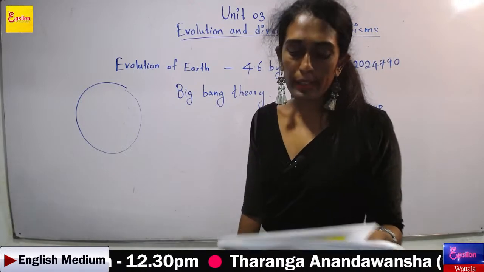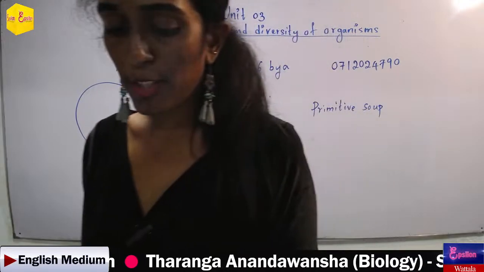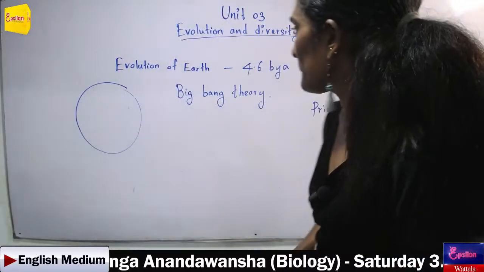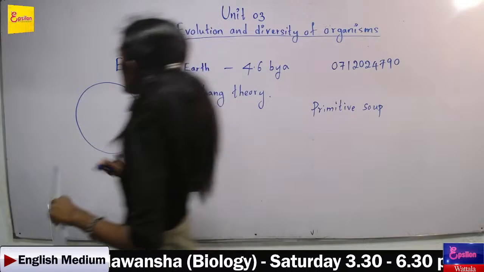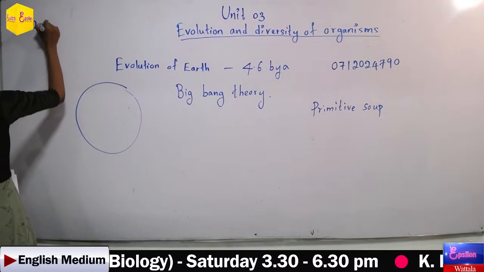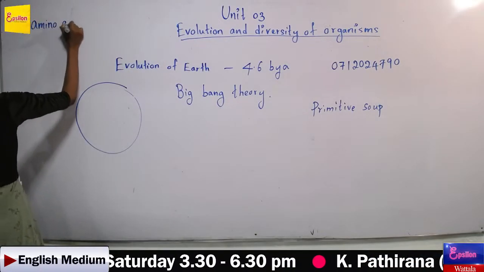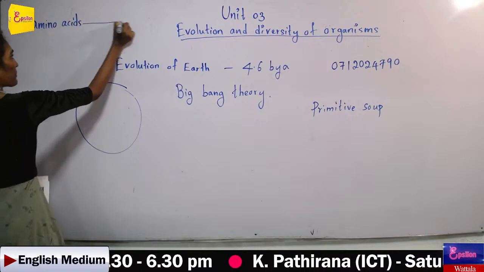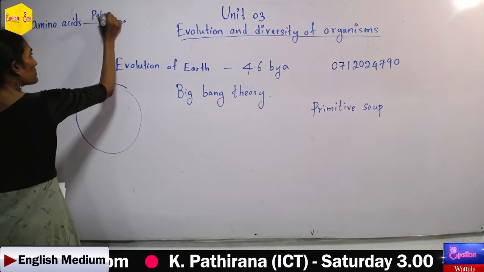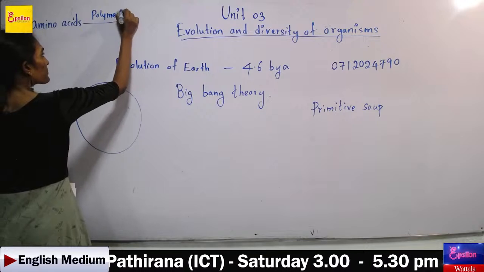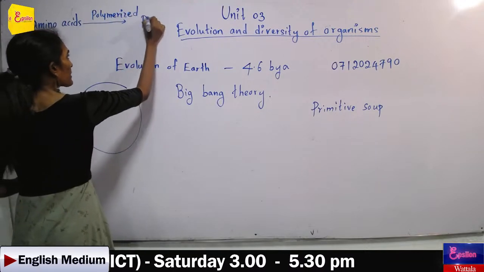These simple organic molecules then polymerize to form macromolecules. For example, if amino acids were formed early, amino acids are polymerized to form what? Proteins. Understood?